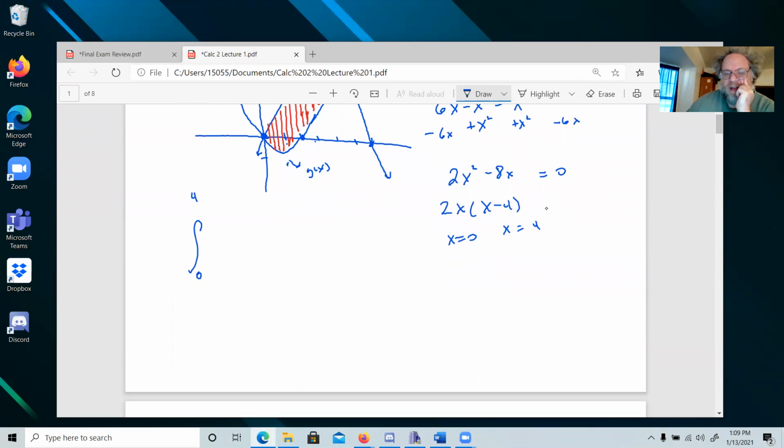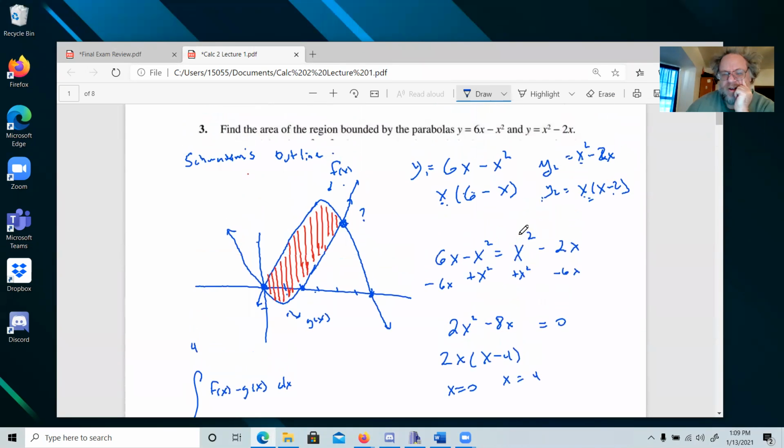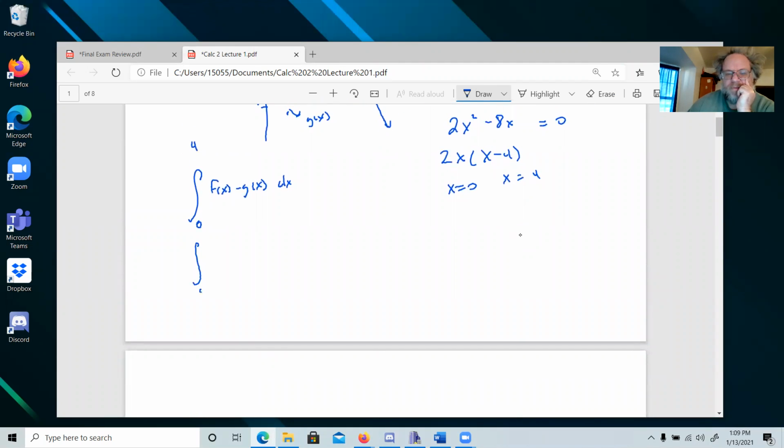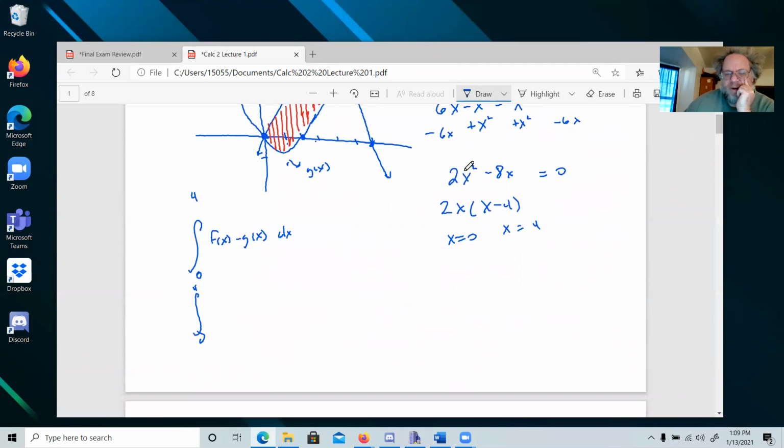But we have f of x minus g of x dx. My f of x was 6x minus x squared. Let's go ahead and erase that. So 6x minus x squared, that was my f of x, minus, and my g of x is what?